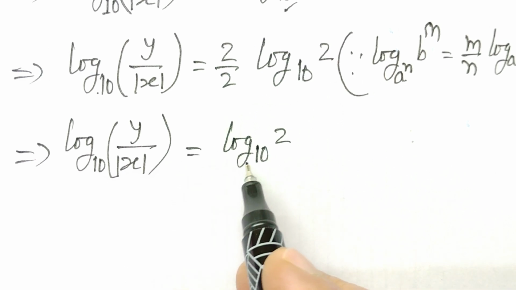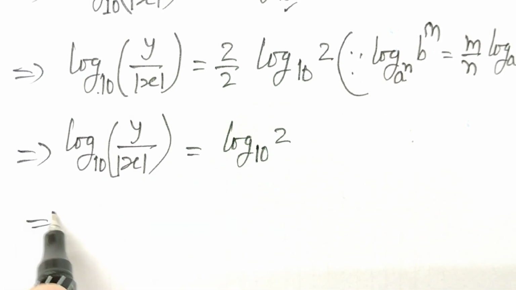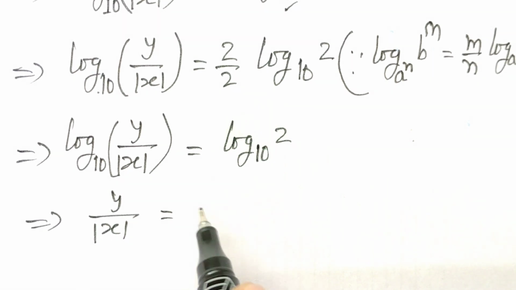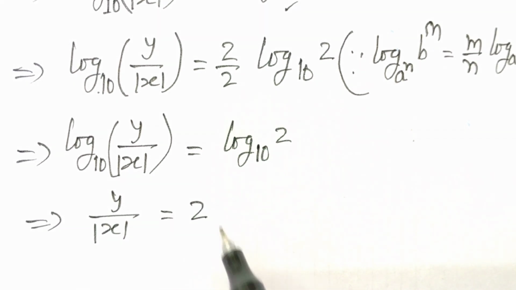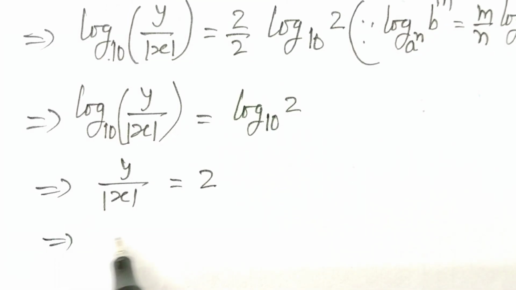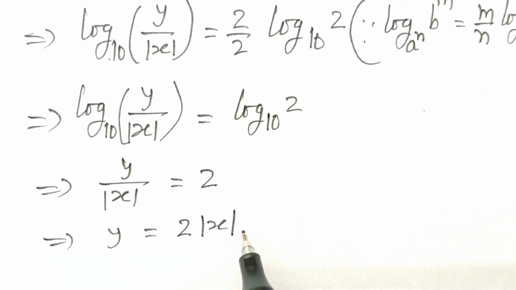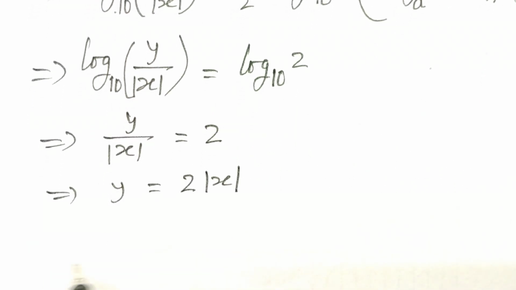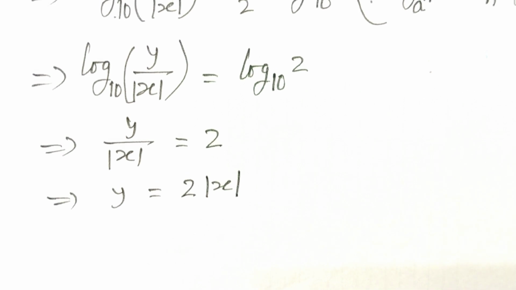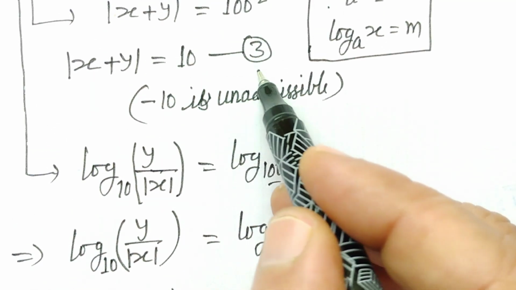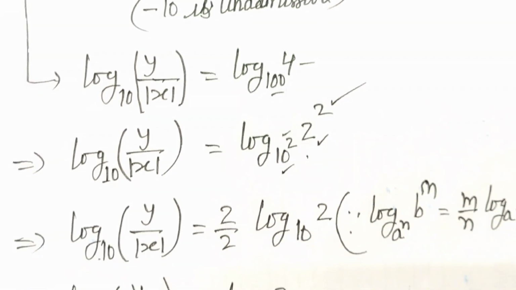If we remove log on both the sides, y over mod of x is equal to 2, right? So y is equal to 2 mod of x, as we have equation third. Now we will use this equation.